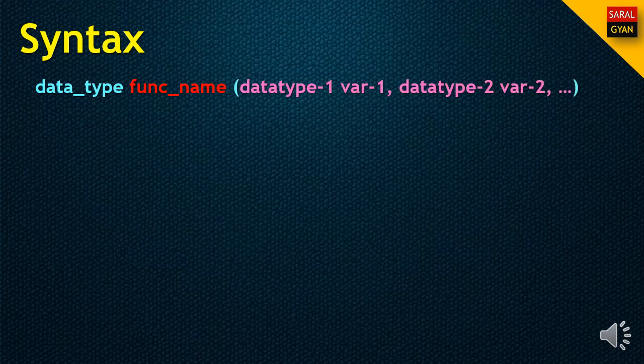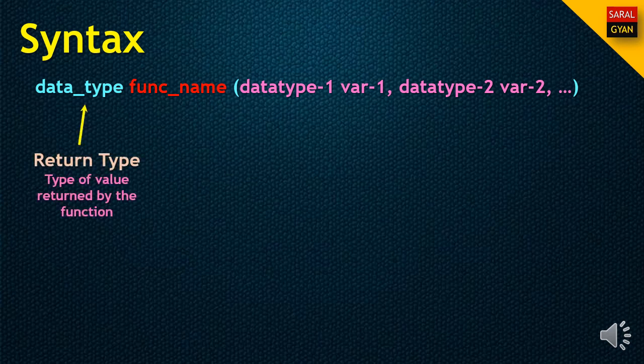The general syntax of a user defined function is: data type, function name, then data type 1, variable 1, data type 2, variable 2, and so on. In this syntax, the first segment is known as the return type. That means the type of the value which will be returned by the function after its successful execution.